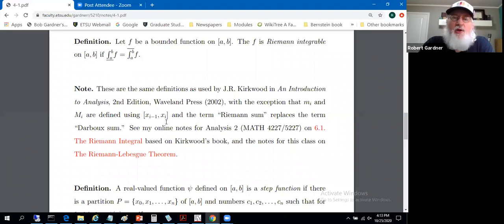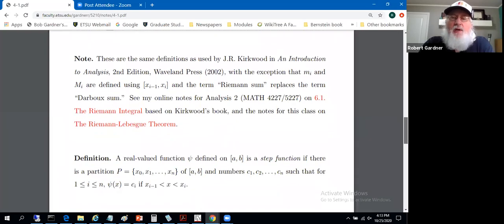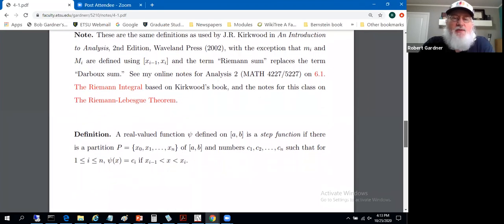Up there in the Darboux sums, they eliminated the endpoints. Down here, we're including the endpoints. I have some notes posted online that go through that in some detail. So that's sort of a standard senior analysis way of encountering this.